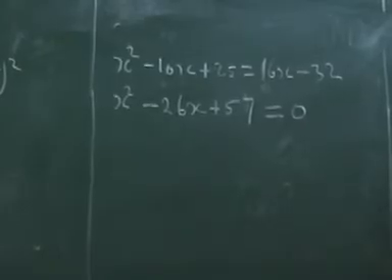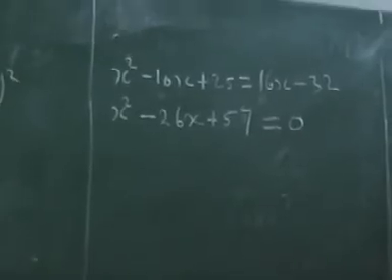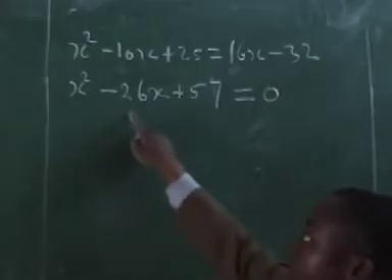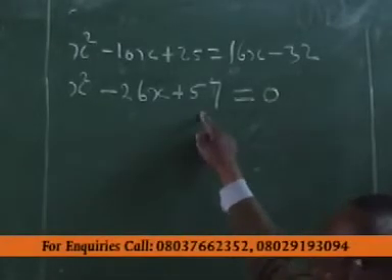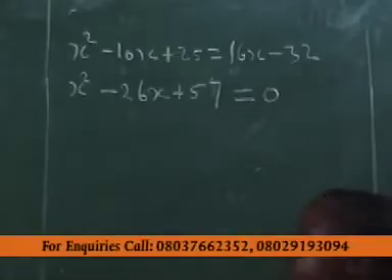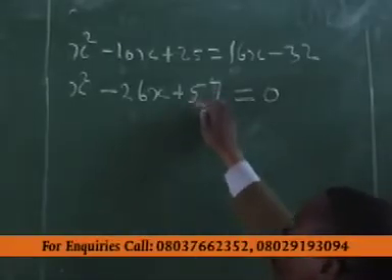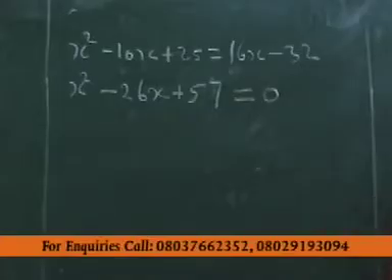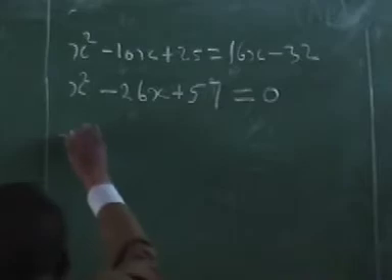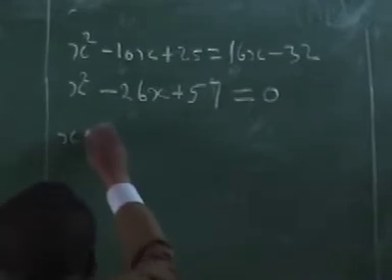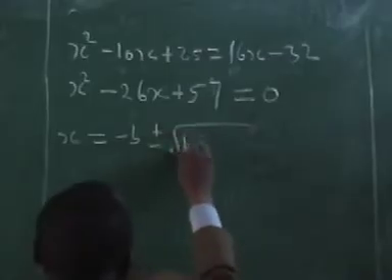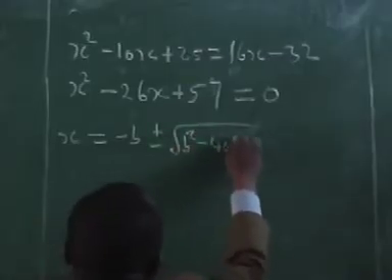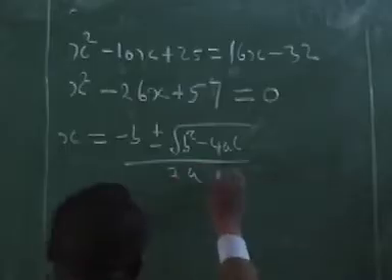Alright. We could look for numbers that when added give us minus 26 and when multiplied give us 57. But if we don't want to use that, we can use the almighty formula in quadratic equation. So we know that to get x, x will be equal to minus b plus or minus square root of b squared minus 4ac all over 2a.